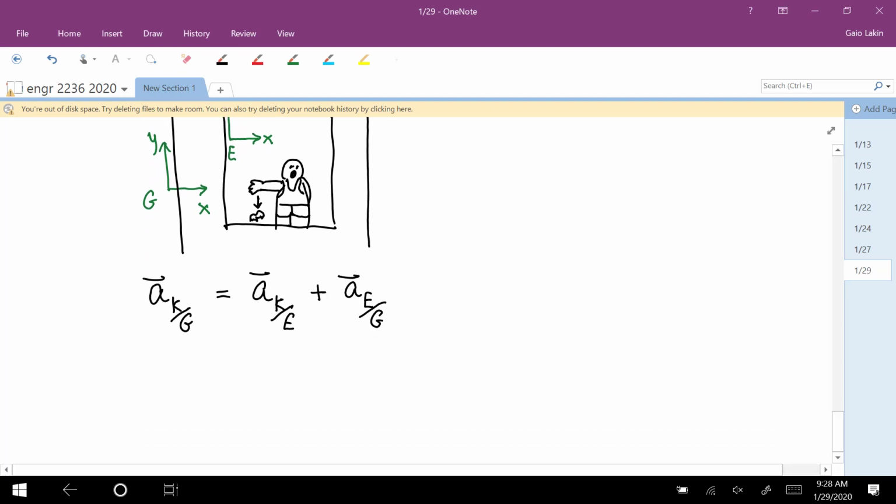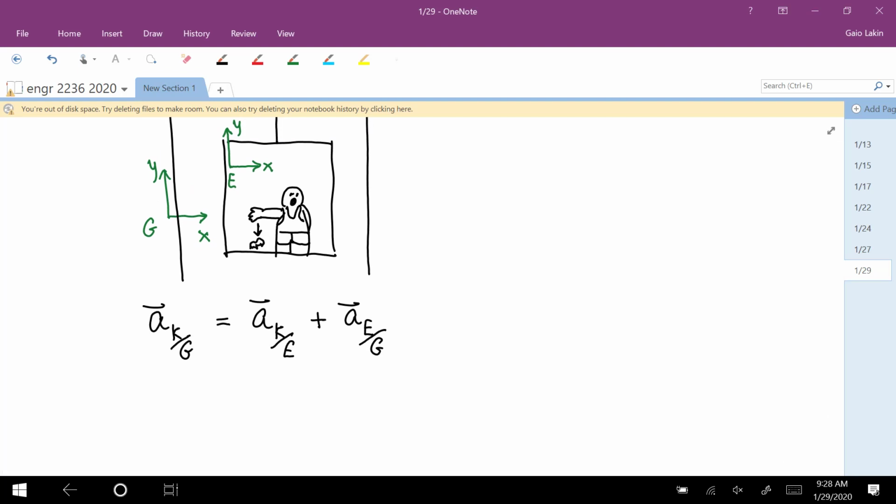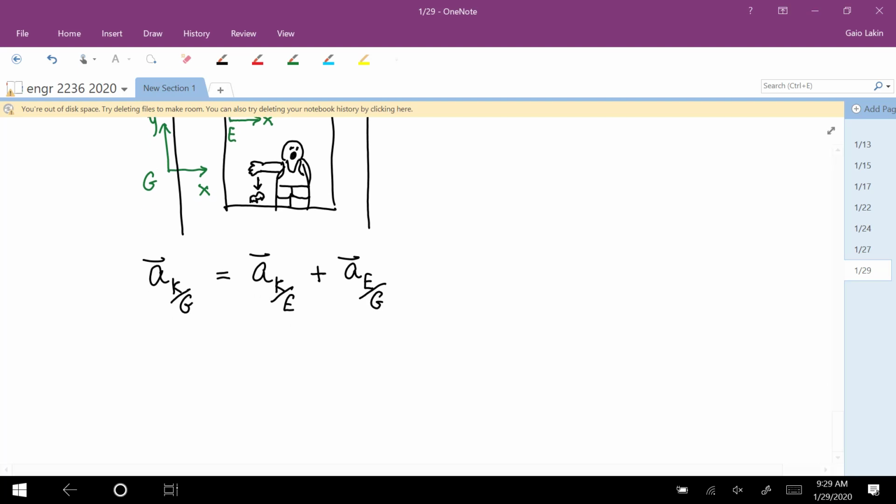Okay, so what do we know? In a coordinate system with the y-axis up, as long as this elevator is near the surface of the Earth, which it is, we know that this acceleration is 0, negative 9.81 meters per second squared. And that's equal to the acceleration of the keys as seen by the elevator, which was given in the problem. That's down at 6.5. So this is 0, negative 6.5.